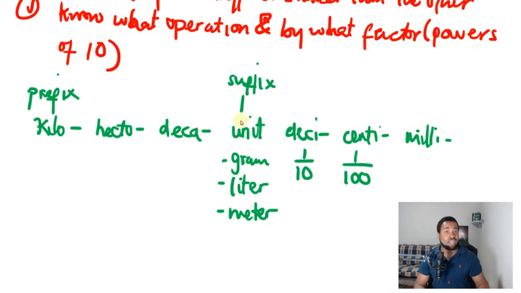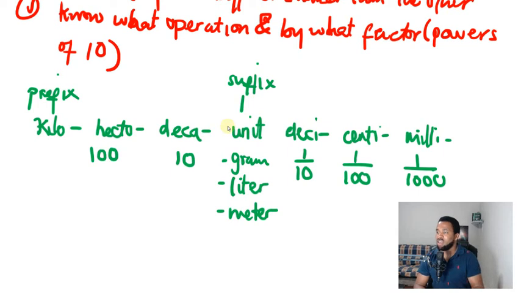Milli is smaller than our unit by 1,000. On the other side, deca is bigger than our unit by 10, hecto is bigger than our unit by 100, and kilo is bigger than our unit by 1,000.